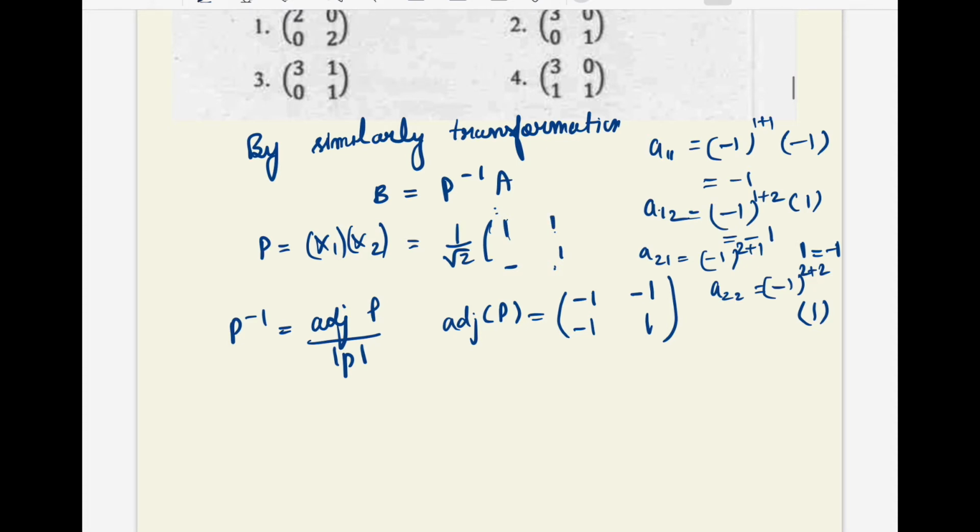Okay, now we may proceed to another part. What is that? Adjoint P is this one, okay.